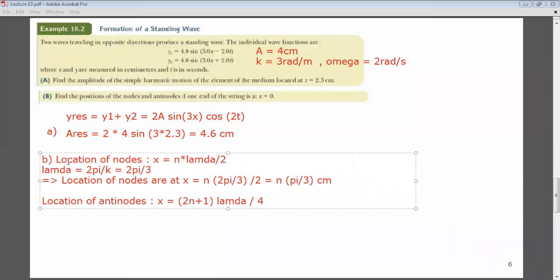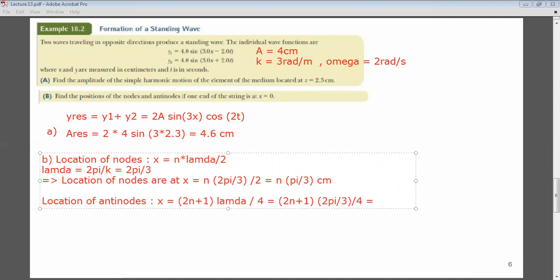Okay, so I just wrote it in a better way. Location of nodes at x equal n lambda over 2, and lambda is 2 pi over k, which is 2 pi over 3. So I just plug it instead of lambda, and I get location of nodes are at n pi over 3. Location of antinodes are at x equal to 2n plus 1 lambda over 4. Again, instead of lambda, I will put 2 pi over 3. So this will give me 2n plus 1 times 2 pi over 3, and everything divided by 4.